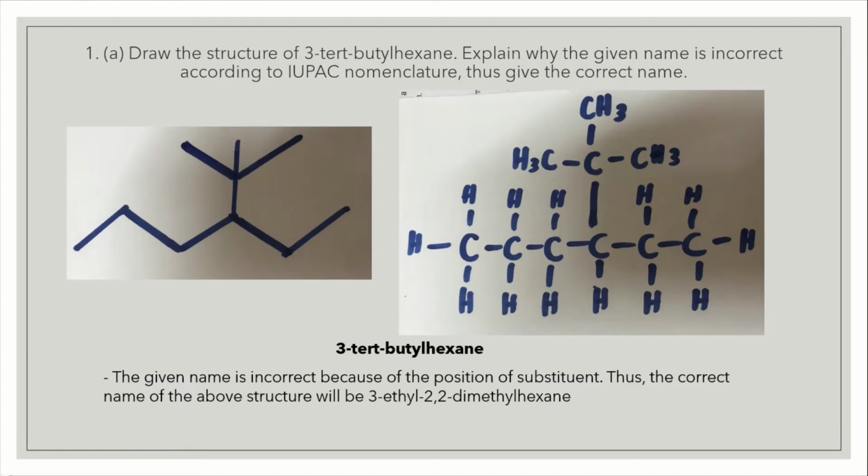As we can see by using the expanded structure to have a clearer picture, we are able to give a specific name of the structure instead of using tert-butylhexane, which is very general. We are able to name the structure now as 3-ethyl-2,2-dimethylhexane by obeying the IUPAC nomenclature rules.